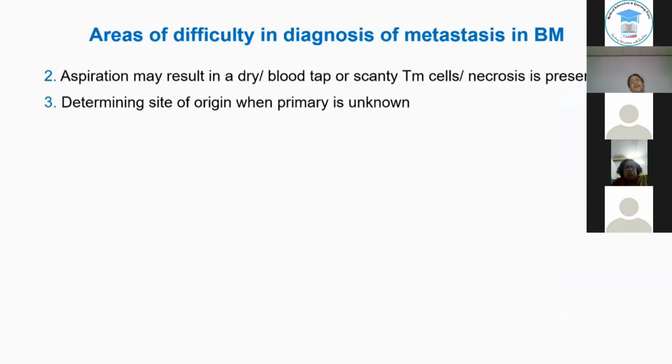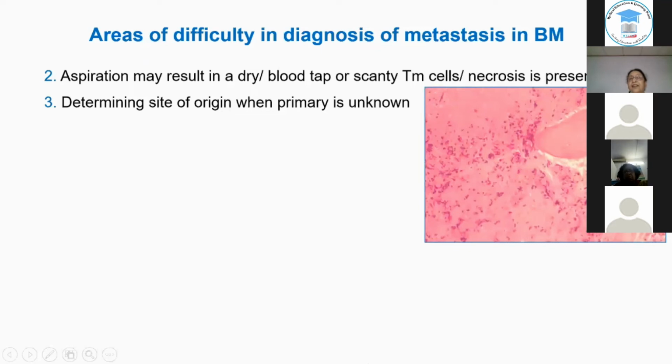Another area of difficulty in diagnosis of metastasis is that aspiration may result in dry or blood tap, or there are very scanty tumor cells and there is plenty of necrosis. Another area of difficulty is determining the site of origin when primary is unknown.